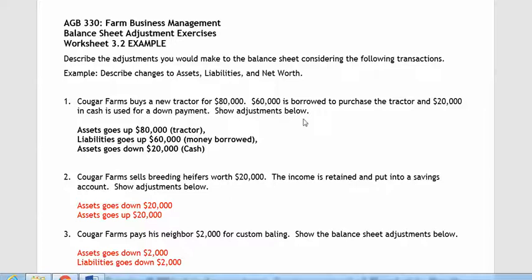If we look at the remainder here, we borrowed $60,000 to purchase the tractor. That means liabilities go up. We now owe someone $60,000. And we paid $20,000 in cash for the down payment, so cash went down 20,000.